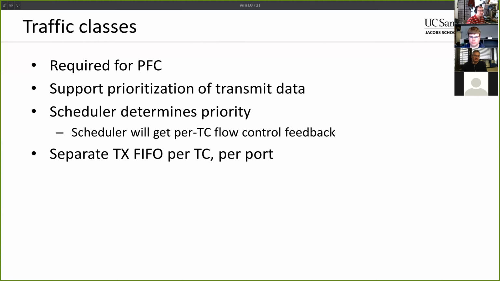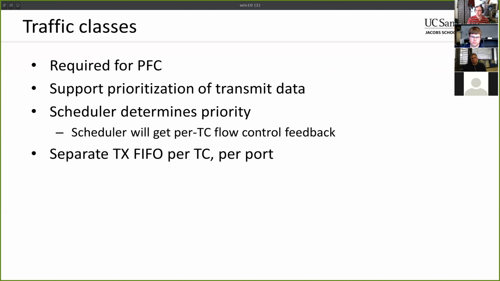And in this case, the scheduler will determine the priority, and the scheduler will get per traffic class flow control feedback. Unfortunately, I can't think of any way to make this work if we're doing some sort of dynamic classification of packets. So what's going to have to happen is you're basically going to have to assign different queues different priority levels, which I think is a reasonable thing to do.